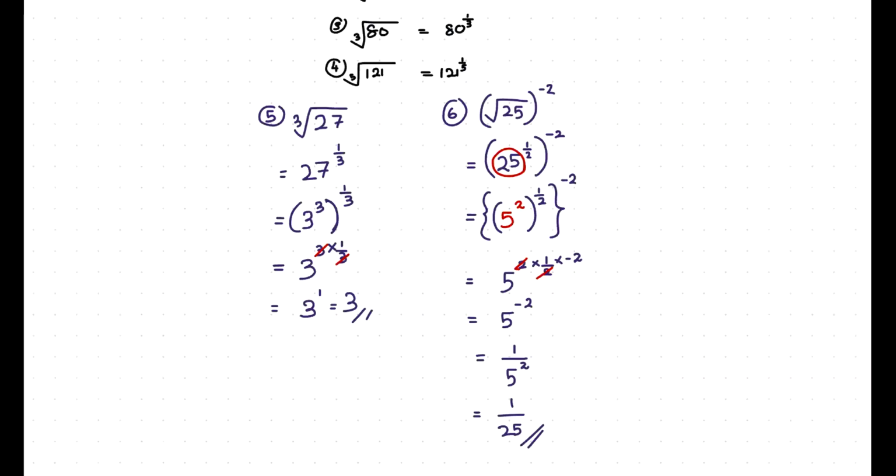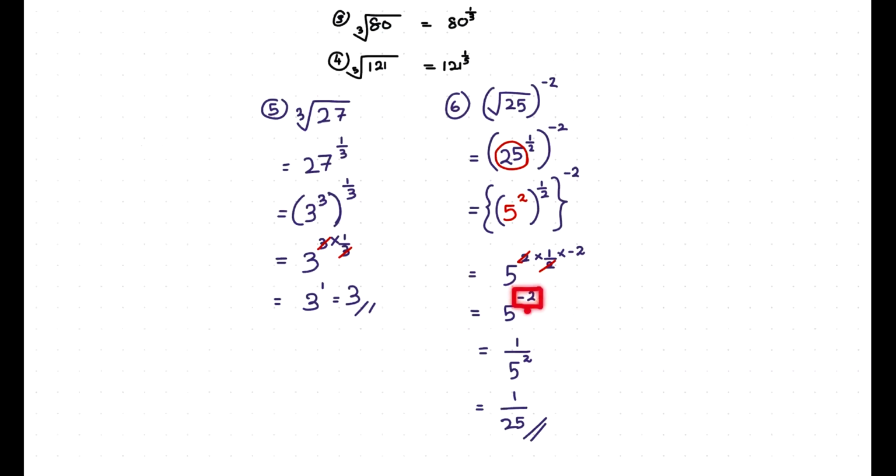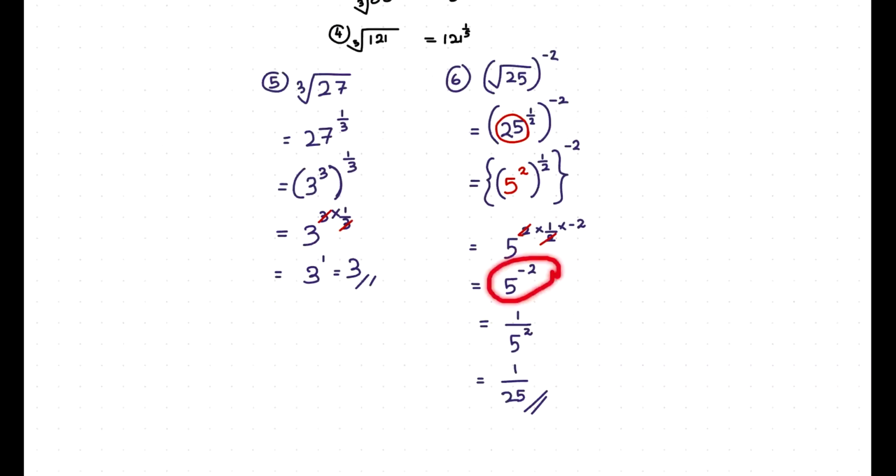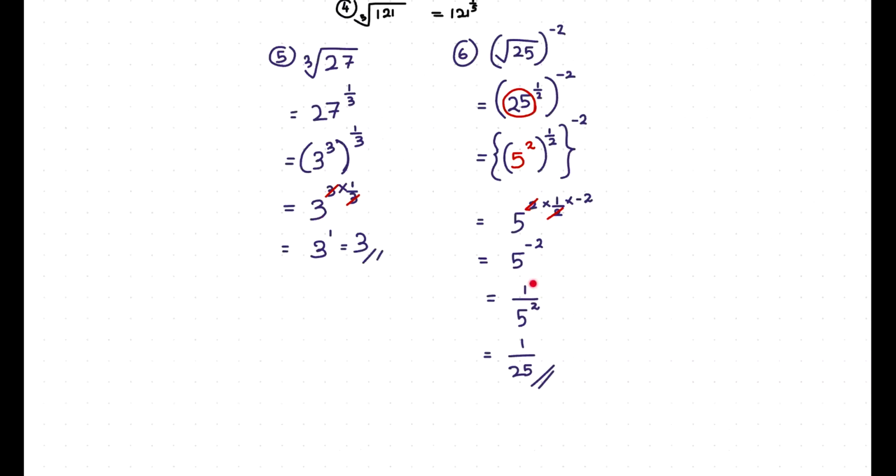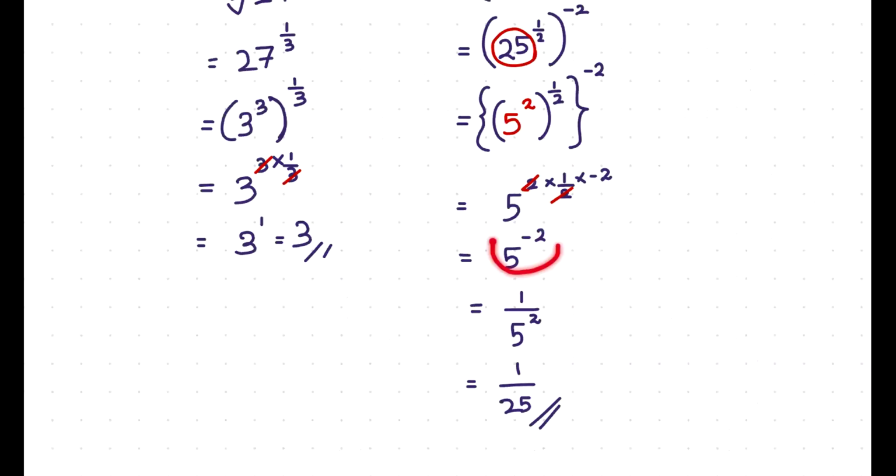Now here, this is 5 to the power minus 2. And now here the power or the index has a negative, minus sign එකක් නේ. ඔයාට minus එක plus කරගන්න පුළුවන් if you bring the entire thing to the denominator. ඒකයි මම මේ 5 to the power minus 2 කියන එක කෙලින්ම denominator එකට ගෙනාවා.